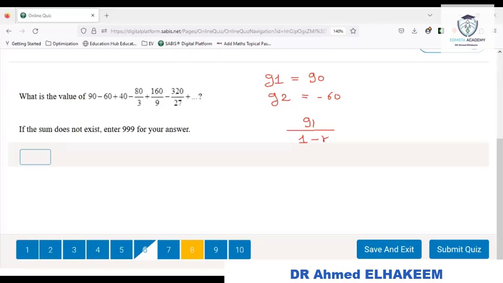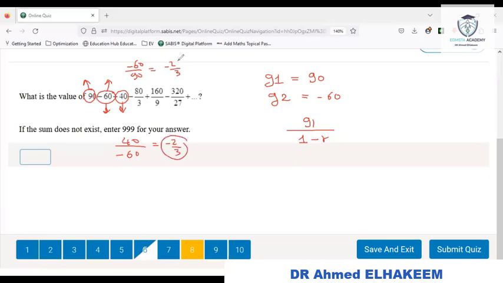Understand? If I divide negative 60 by 90, I get negative 2 over 3. To be sure, I divide 40 by negative 60, and I get negative 2 over 3.